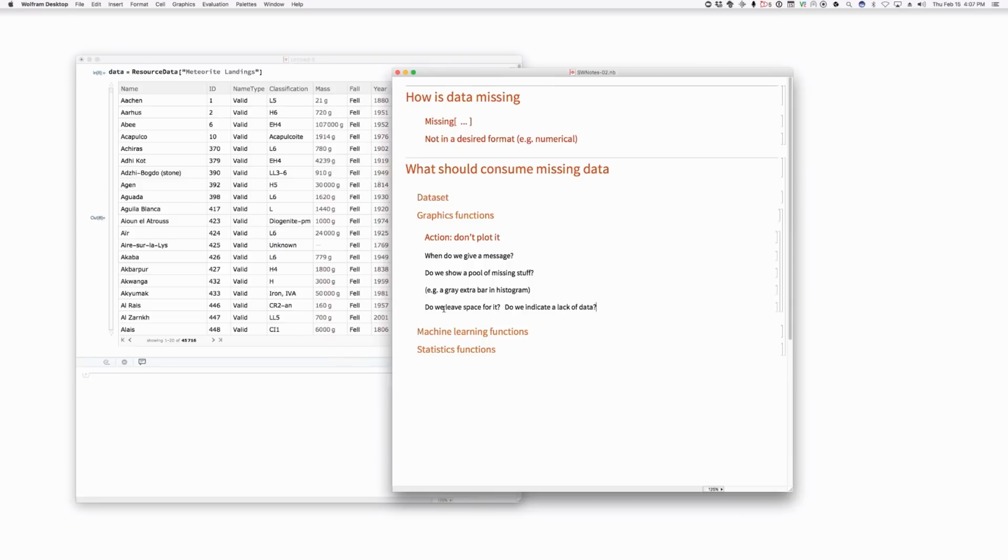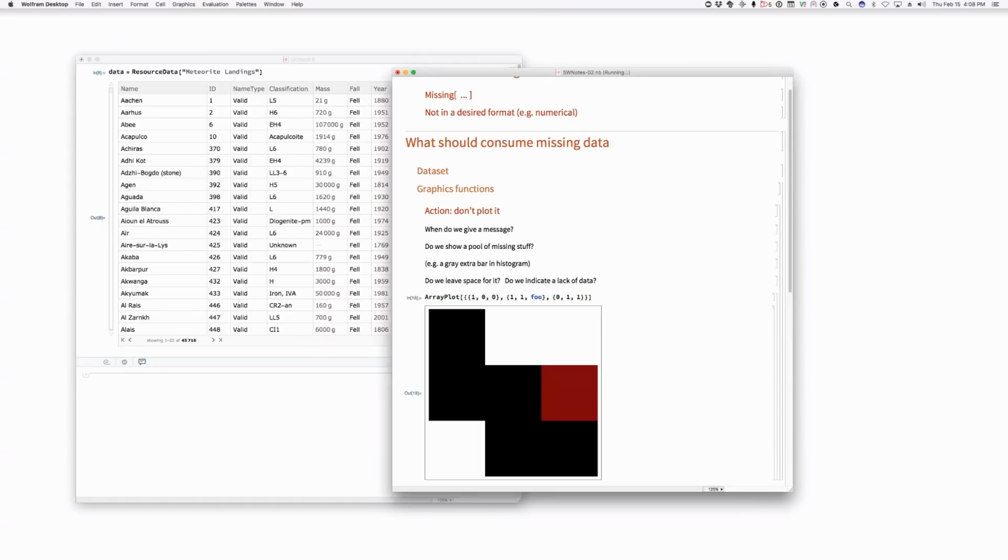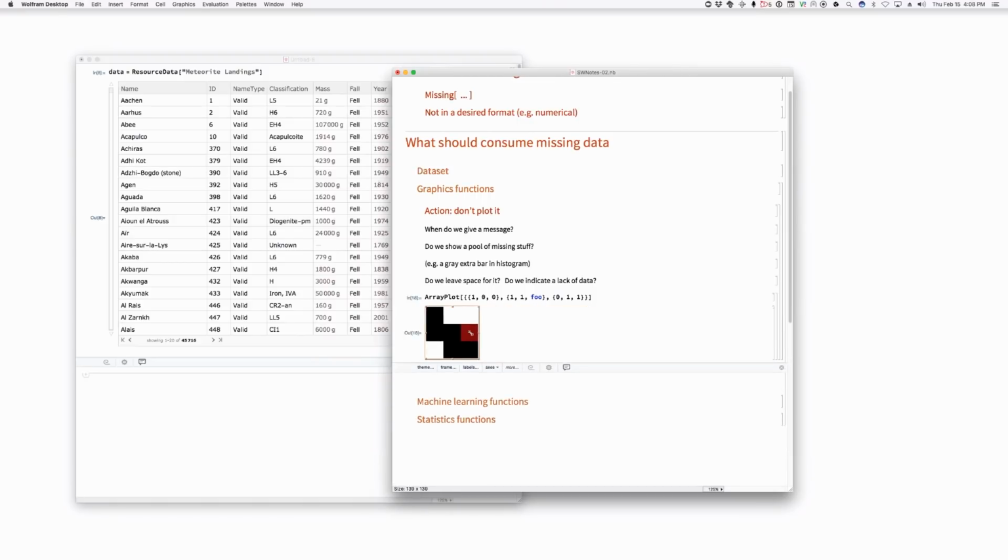ArrayPlot, as I recall, if I say ArrayPlot of {1, 0, 0, 1, 1, foo, 0, 1, 1} has a lovely brick red where the foo should be. That's an example where we do show something, which is right, because if we showed it as white, we would be confusing people.